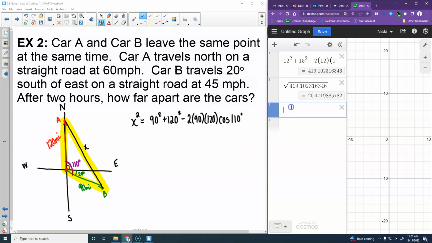All right, so we're going to type that into our calculator. 90 squared plus 120 squared minus 2 times 90 times 120 cosine 110. And so we get 29,877. Is that my answer? Square root that.